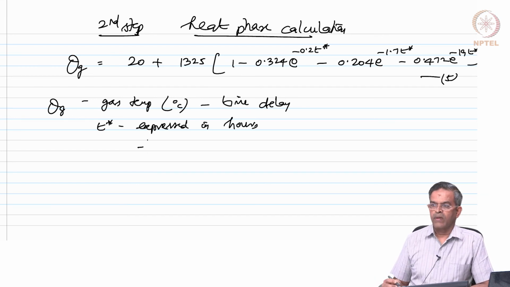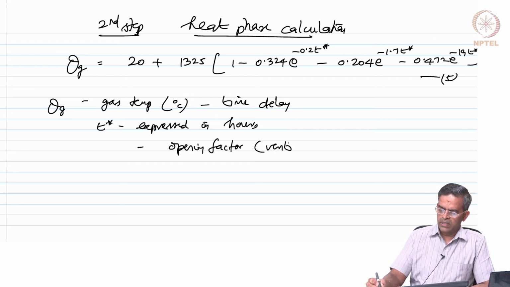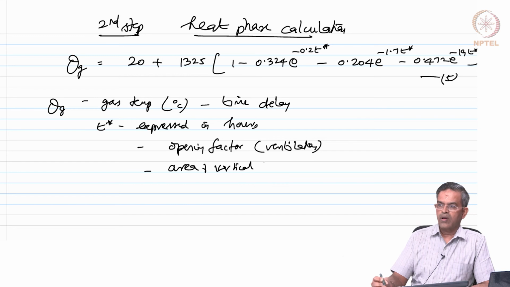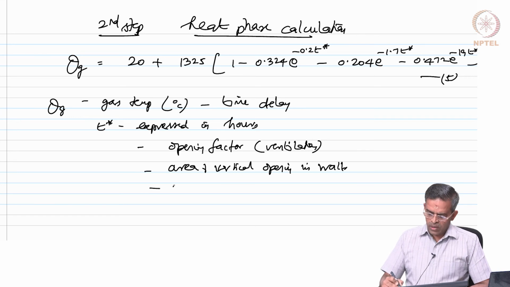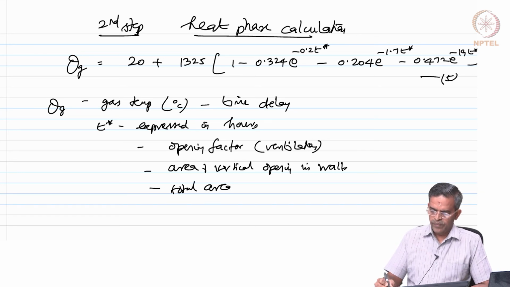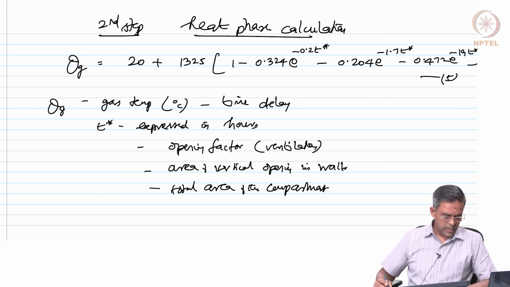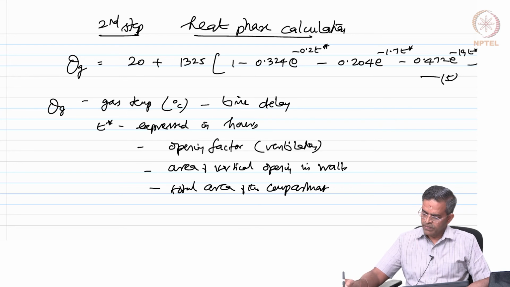T star depends on the opening factors, that is the ventilation, then the area of the vertical opening in walls, and the total area of the compartment for which fire resistant design is attempted.